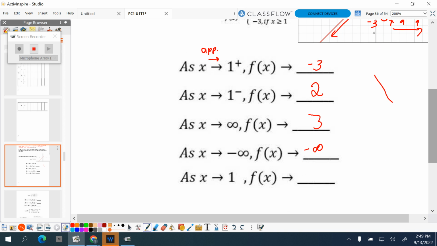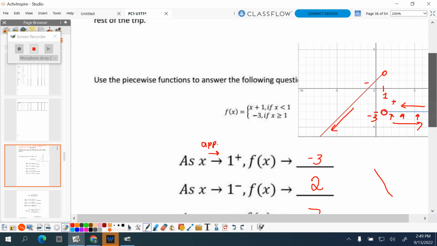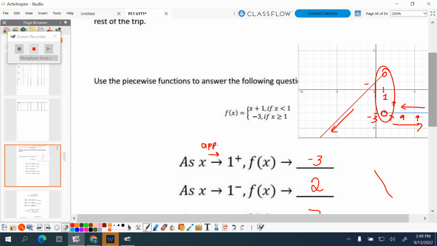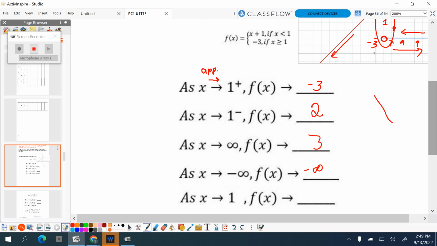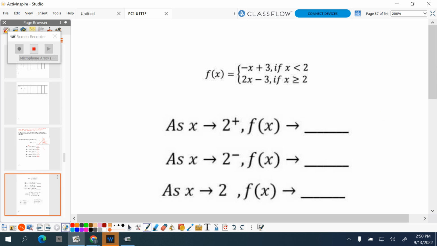As it goes to 1 as a whole, because there's a break there, that limit does not exist. Let's look at the next one. It says as x goes to 2 from the right, and then as x goes to 2 from the left, and as x goes to 2.